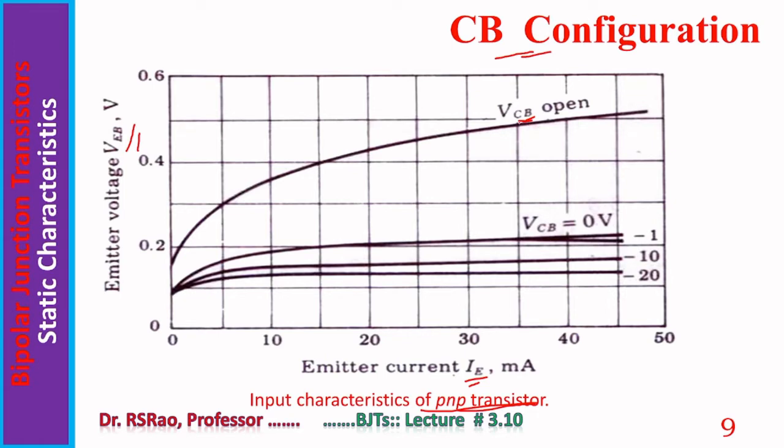Top one is when collector base is open. Next one is collector to base voltage is 0. Next one is when it is -1. Next it is -10. Next it is -20. One can notice the similarity between these curves and forward biased junction diode characteristic.